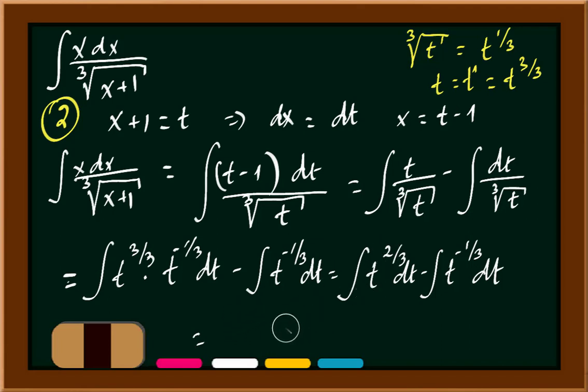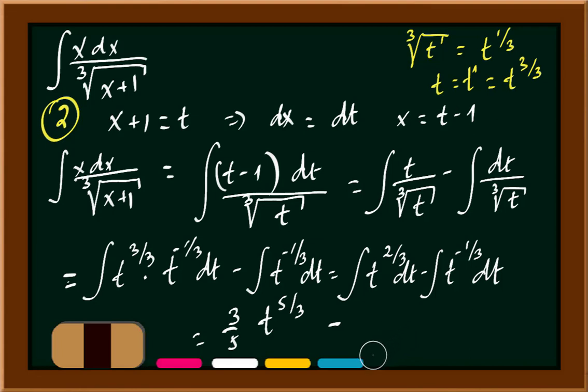it will be t to the power of 5/3 over 5/3, but that 5/3 comes to the numerator and becomes 3/5.